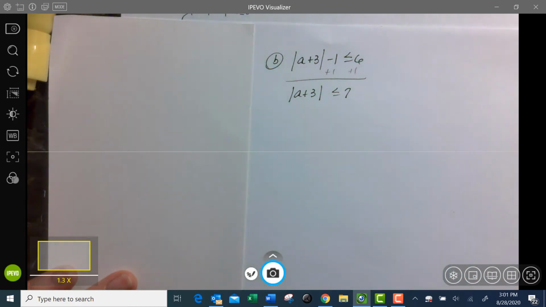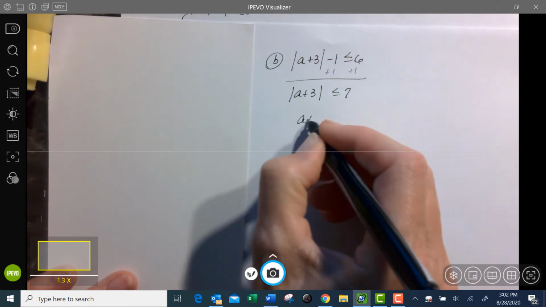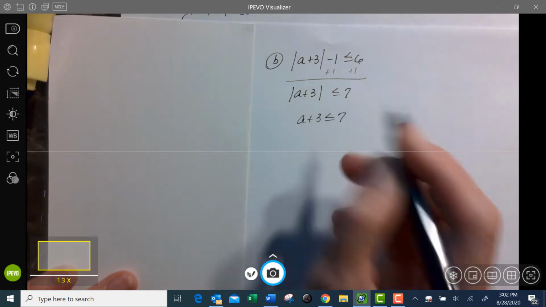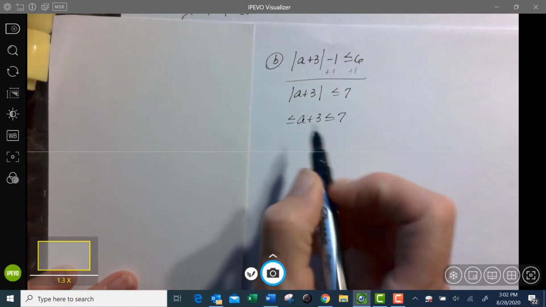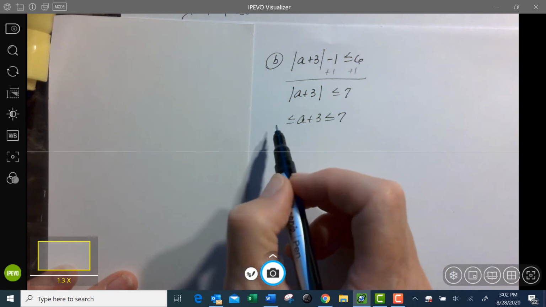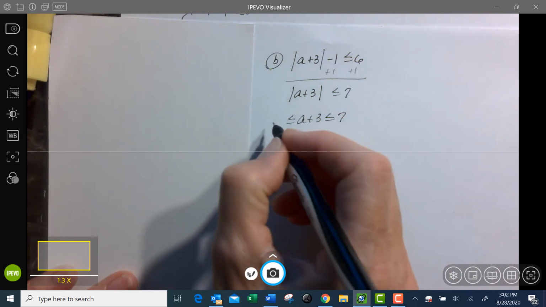Now, a lot of instructors will turn this into a situation in which we're using the word and or. I don't do that. If it's a less than symbol, I just write this as a compound inequality. So first I write it and just remove the absolute value, but then I repeat the less than inequality, and the left side of the compound inequality will make that 7 negative.